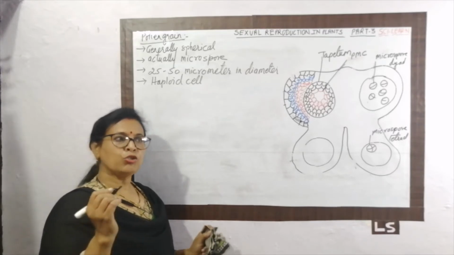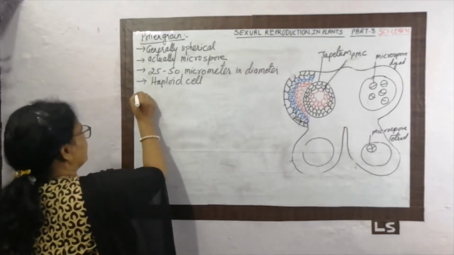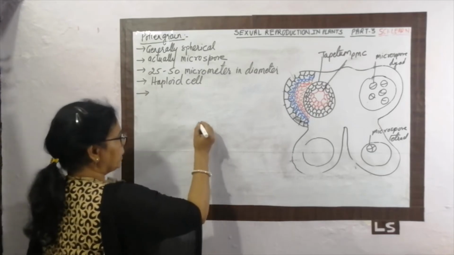A prominent two-walled structure is there. What about the structure of the pollen?